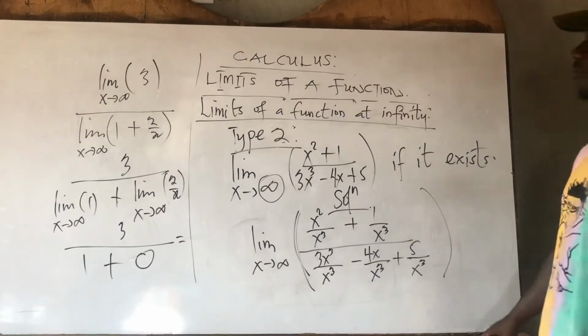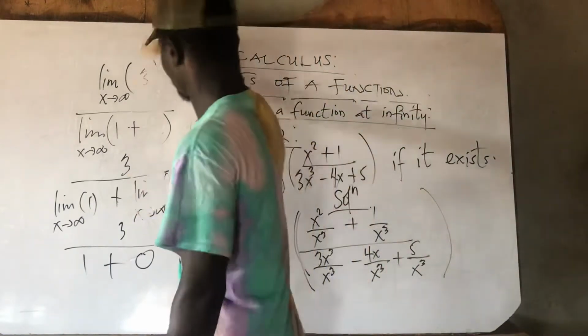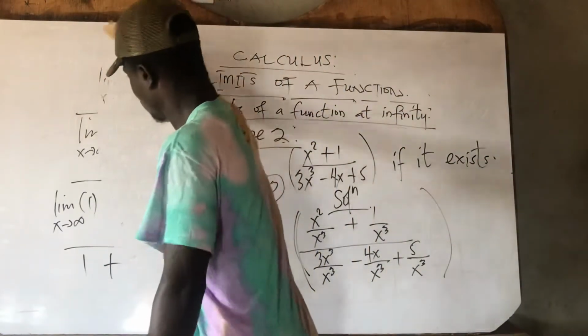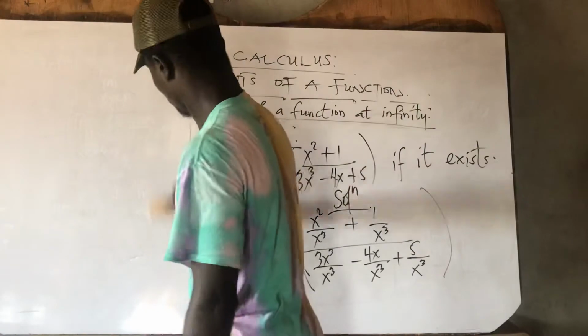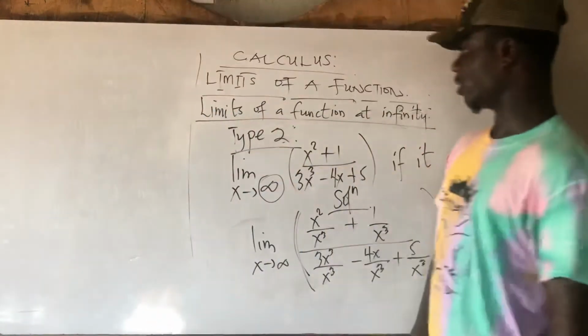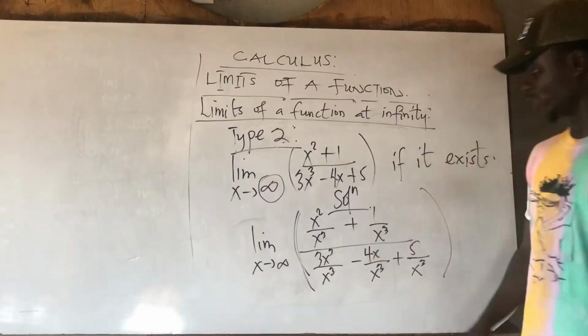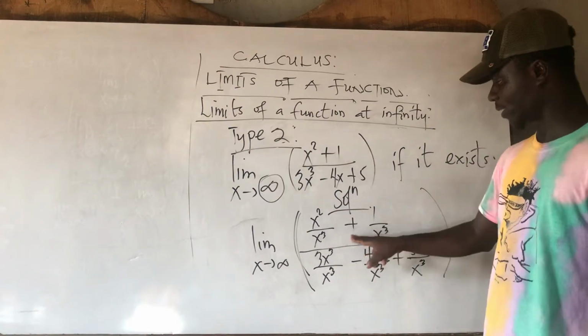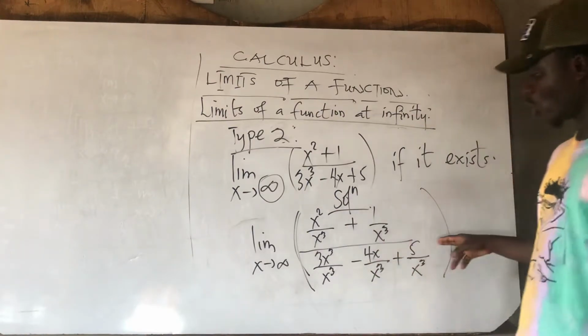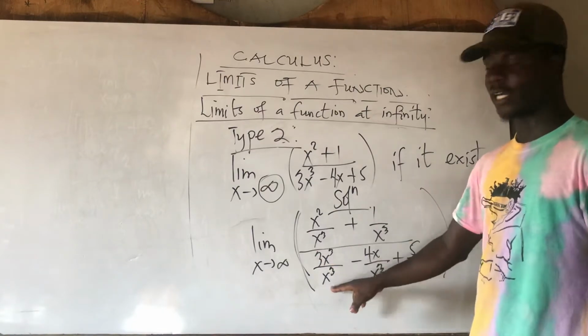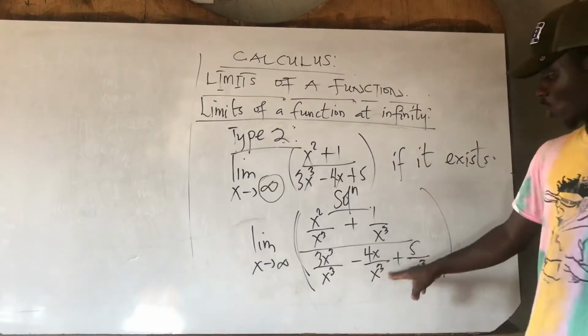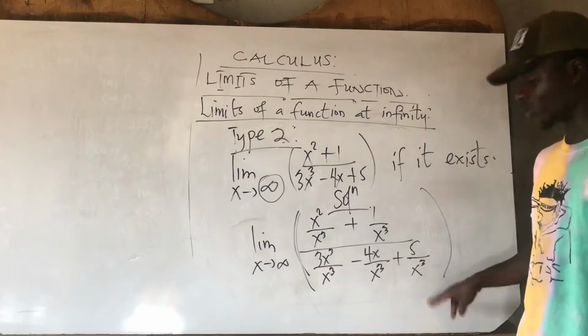So this is how it goes. We have the limit as x approaches infinity of x squared over x cubed plus 1 over x cubed all over 3x cubed over x cubed minus 4x over x cubed plus 5 over x cubed.